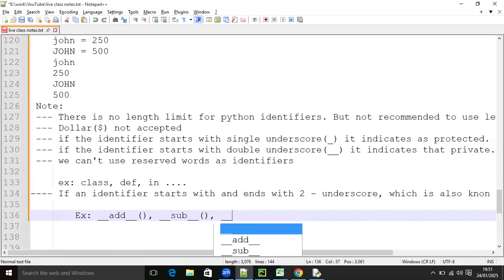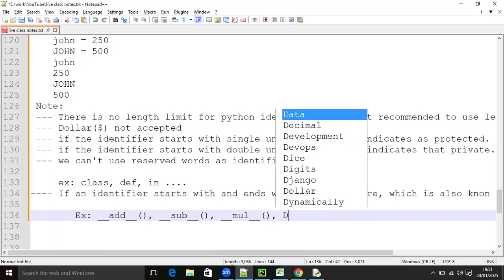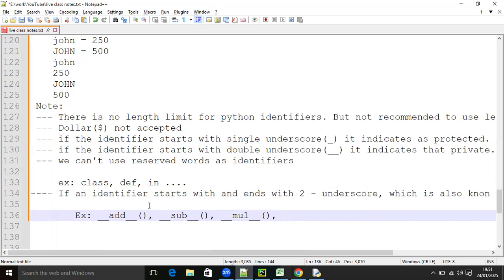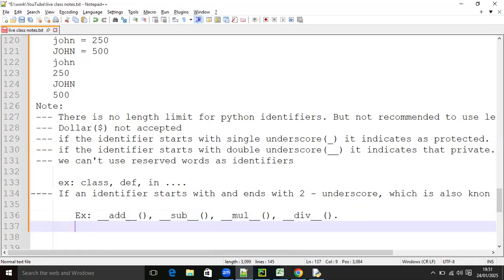Then multiplication. And last one, division. Okay, these are the magic methods we have.